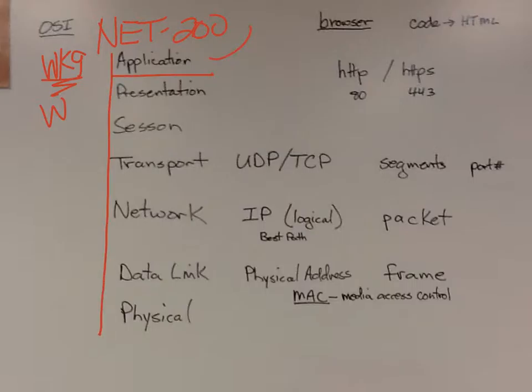Application hooked into whatever app you're actually running, for example, a browser or an app like a web server on one end or another. Presentation presents the data. For example, if it's a website, HTTP port 80 or secured 443, this means at this layer it would be encrypted.